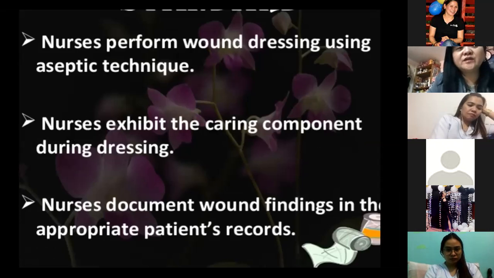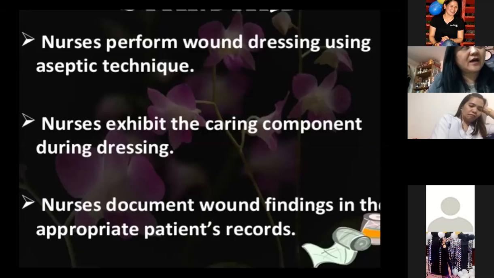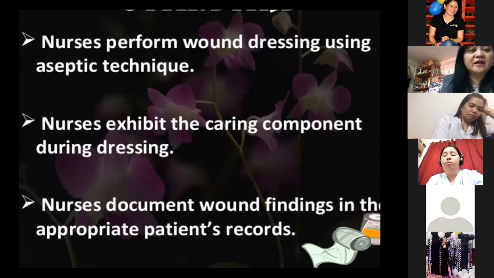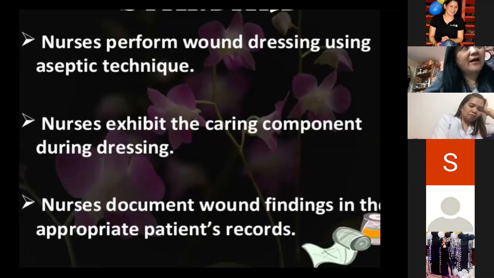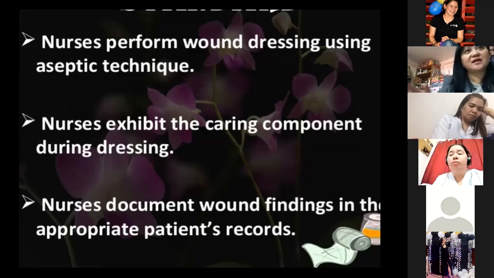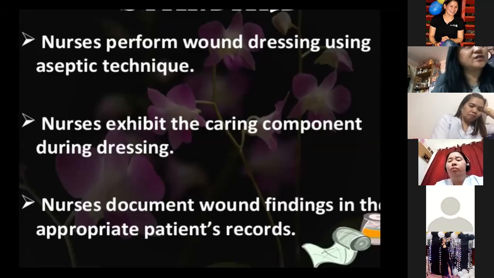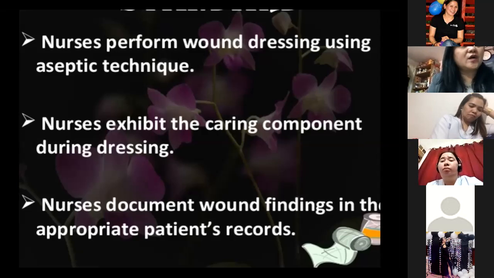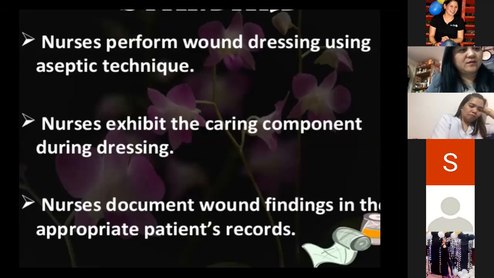Usually we have an assistant, like for example for assisting, giving all the things that we need. Like for example, when giving this dressings, kasi maraming mga gamit. Sometimes we also endorse to you, or if you are working at home also, you are the one who does the dressing. So at least you may know.